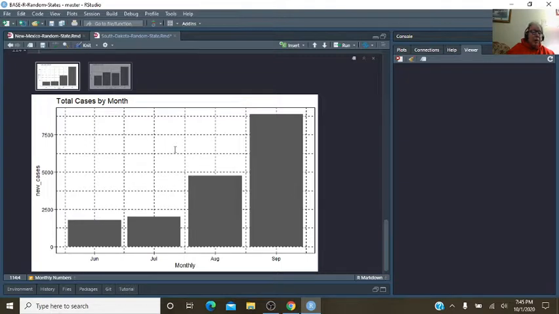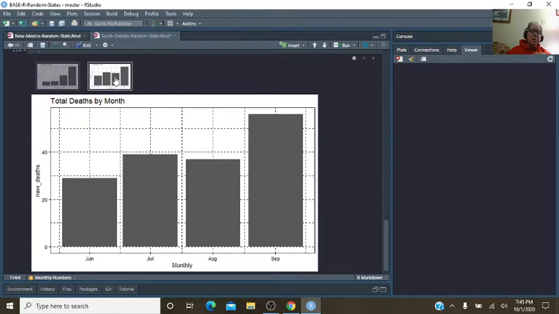What's half of 2,500? So it's 7,000 plus 2,500, maybe 10,000 cases, but only 20, 30, 40, 50, let's say 60 deaths for September.